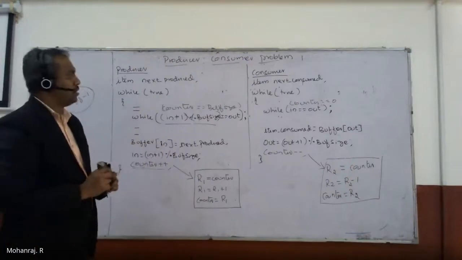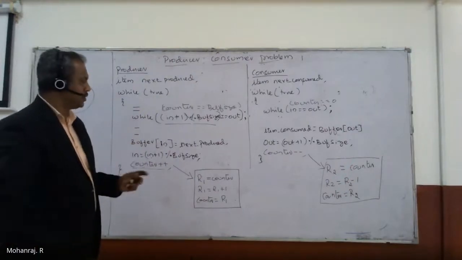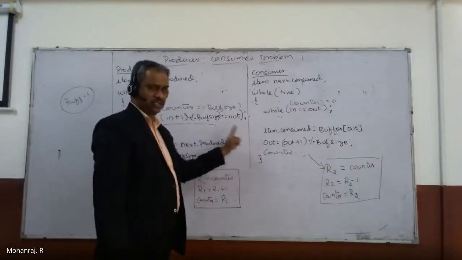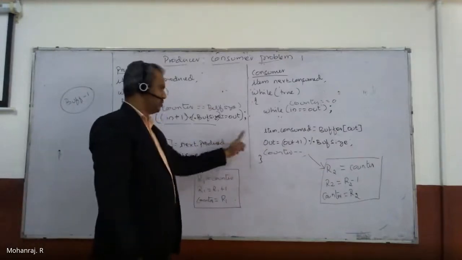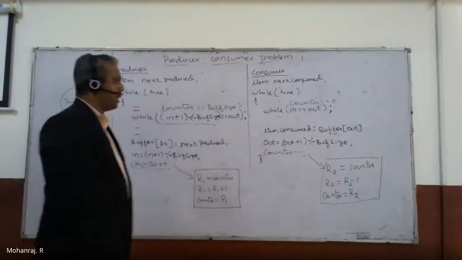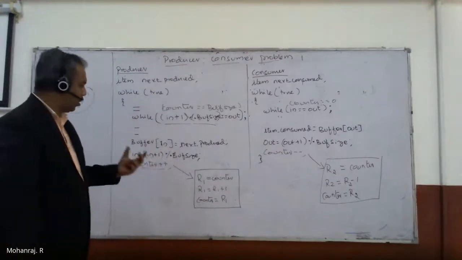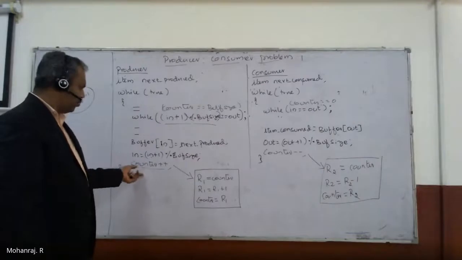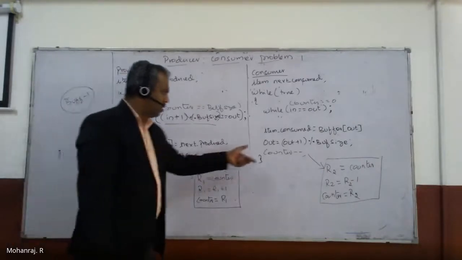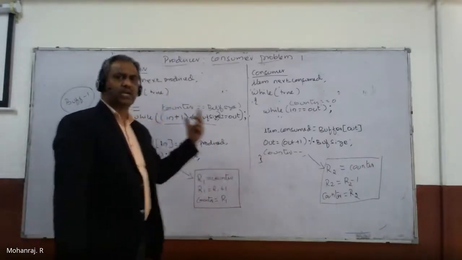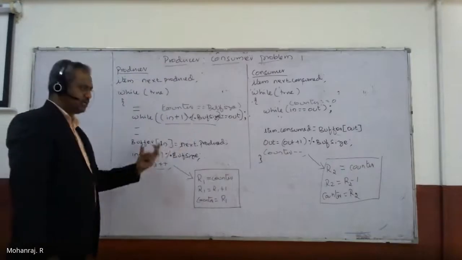The point you have to note is that both of these processes or functions are utilizing a common space called counter. The counter variable for both of these is the same. It is not two different copies.